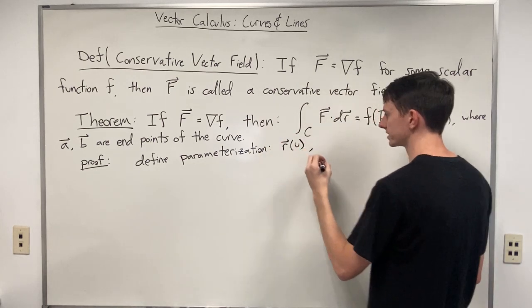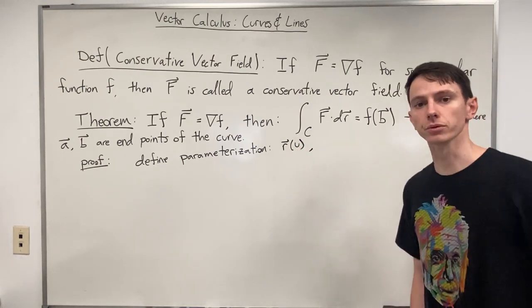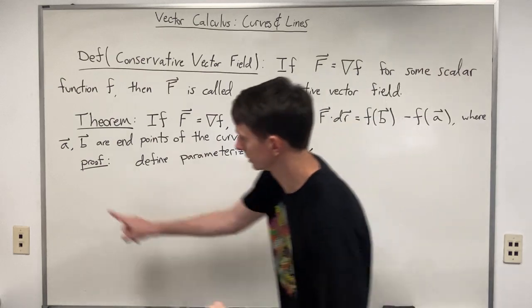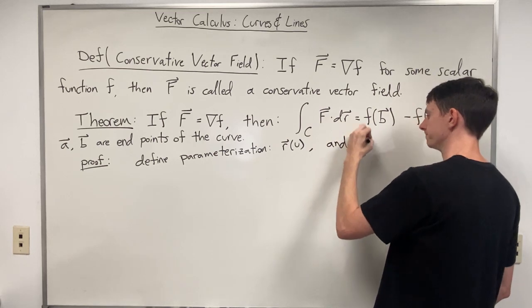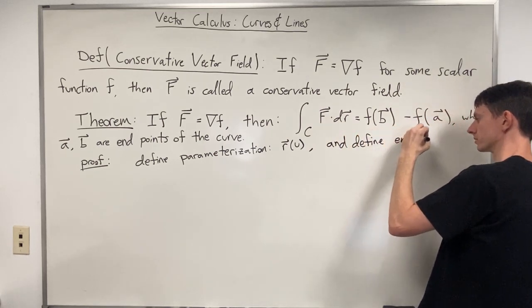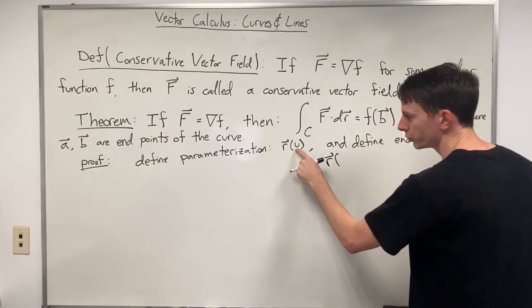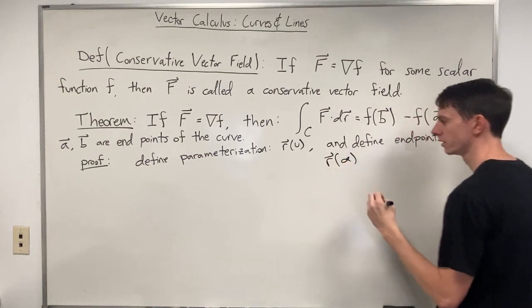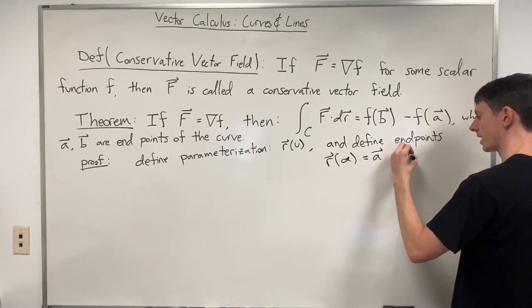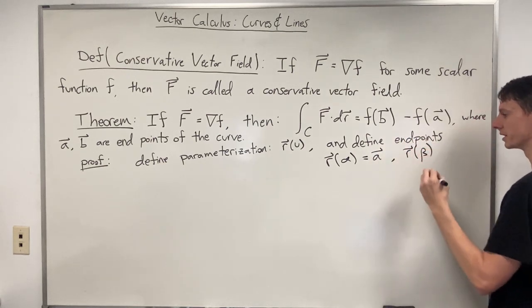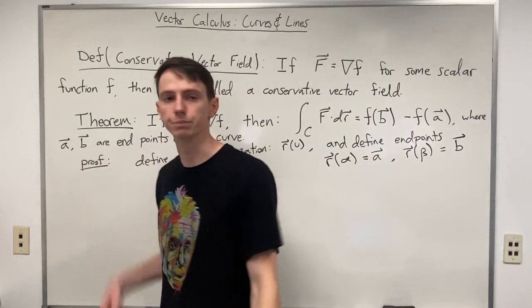Specifically, let's define endpoints for this single input variable U. We know that the vector endpoints are A and B, and we can define the endpoints as follows. We can say that R evaluated at some starting value of U, maybe the starting value is alpha, so R of alpha gives us our starting vector A. And then maybe we have some other finishing constant, beta, where R evaluated at beta gives us the ending vector B, okay?